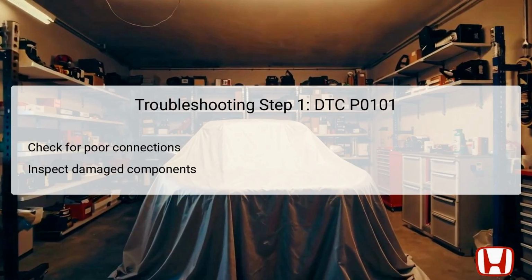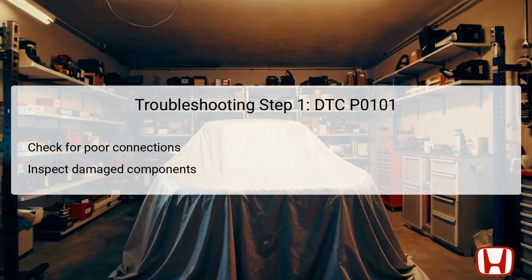The first step in troubleshooting DTC P0101 is to conduct a thorough parts condition check. Start by inspecting critical components for any signs of poor connections or physical damage. This includes the PCV valve, PCV hose, intake air duct, air cleaner, purge line, and brake booster components.